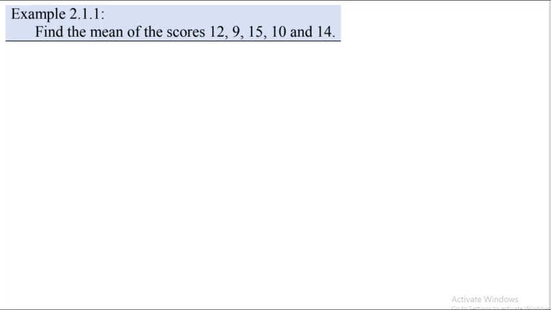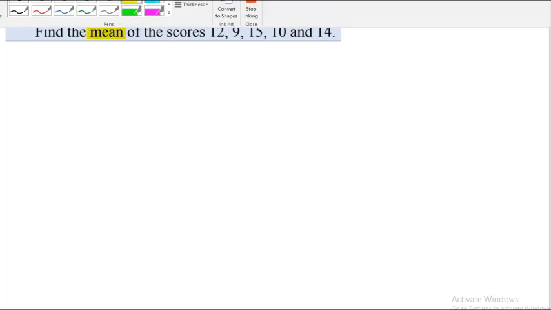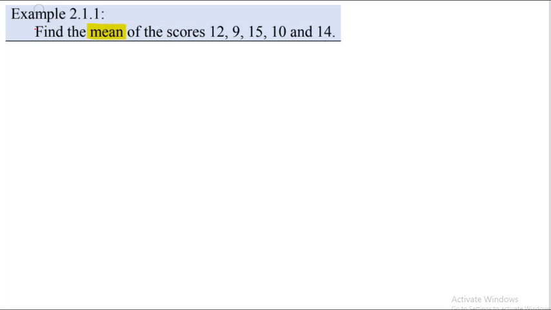For example, find the mean of the scores 12, 9, 15, 10, and 14. The procedures for us to follow to solve for this: the first one, get the sum of the scores or given measures and count the number of cases.